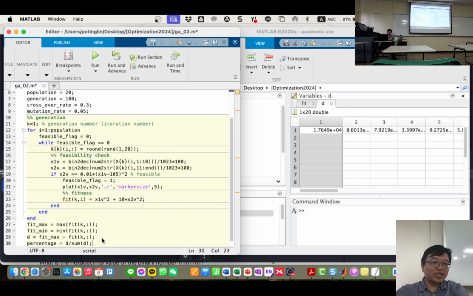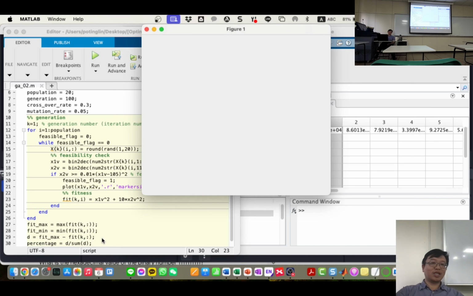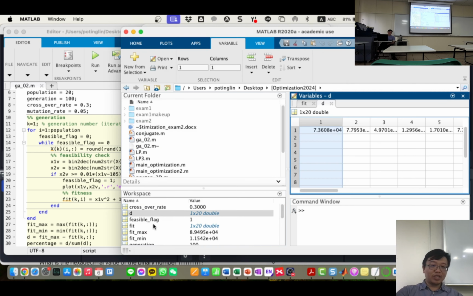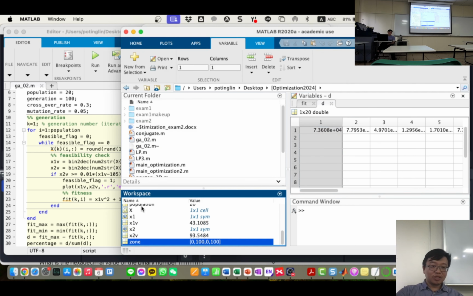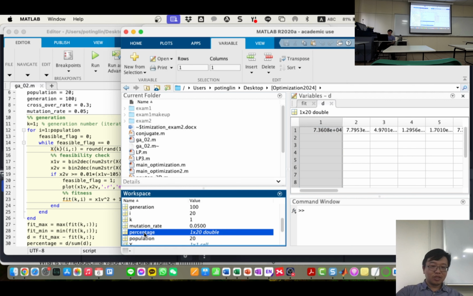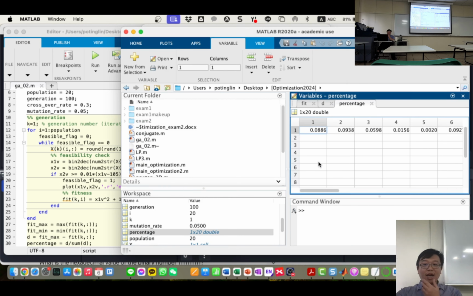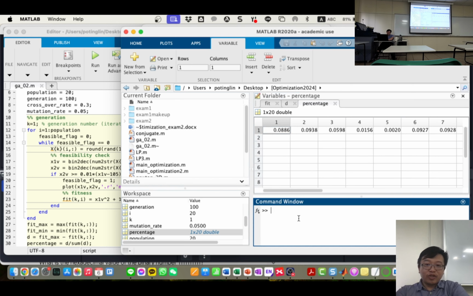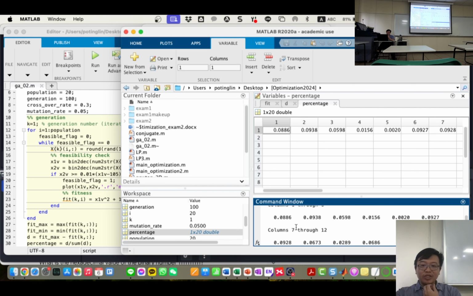If I do this, what's the percentage? If I show you, percentage. Let's see if there's a chromosome that has the greatest percentage. Or maybe I sort percentage.